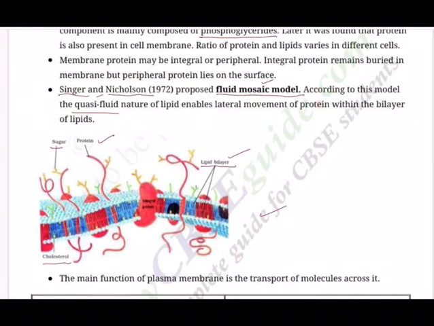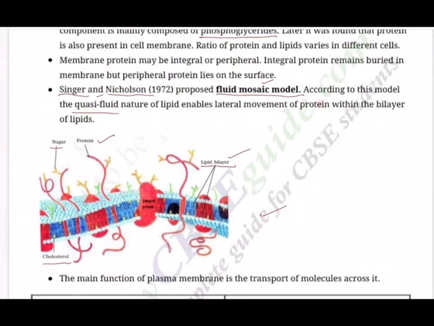That means you have two layers of fats, and in between the two fatty layers there is a layer of proteins, and these protein molecules are intrinsic, arranged within. And how do they arrange? They are arranged in the form of a mosaic flooring.